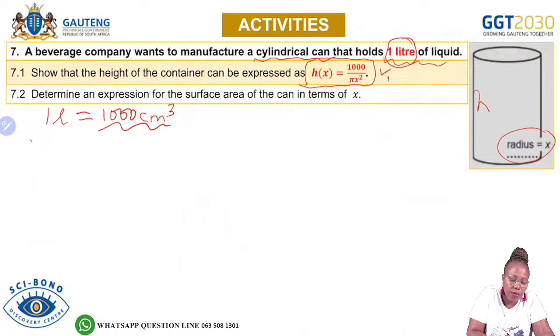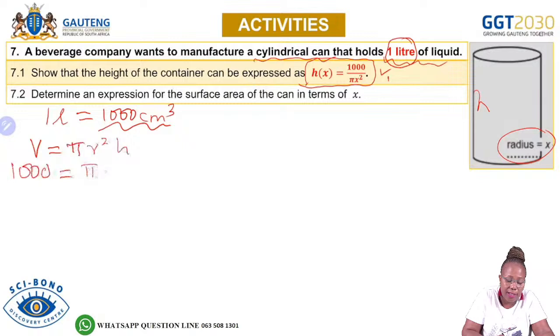So now we are going to have a volume of a cylinder. Remember, it is the area of a base. What is our base? A base is a circle, therefore it will be pi r squared multiplied by height. And the volume is how much? 1000 cubic centimeters equals pi. What is the radius? The radius is x, therefore it will be x squared with the height.